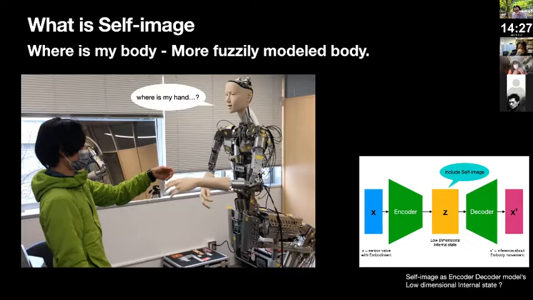I think self-image is a system of translating some input into body movement. Exchange body image and body movement, how I'm moving.